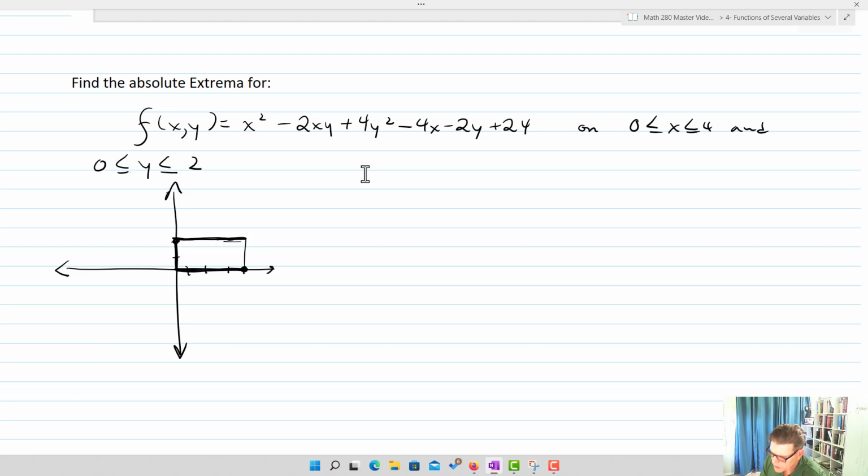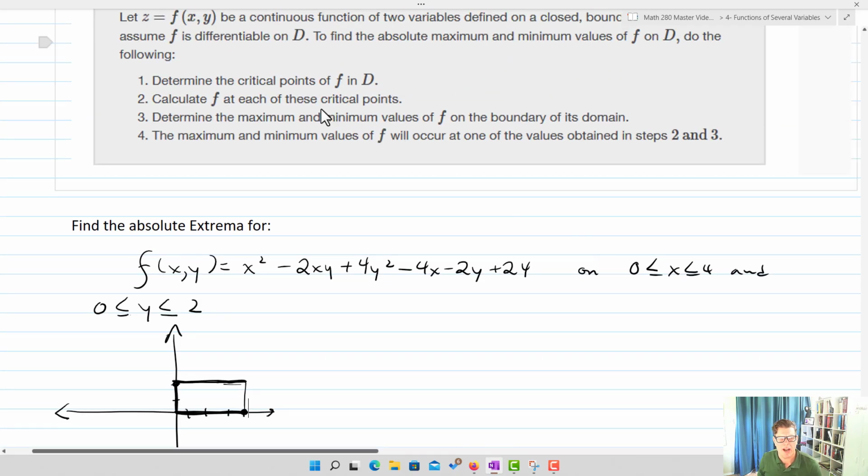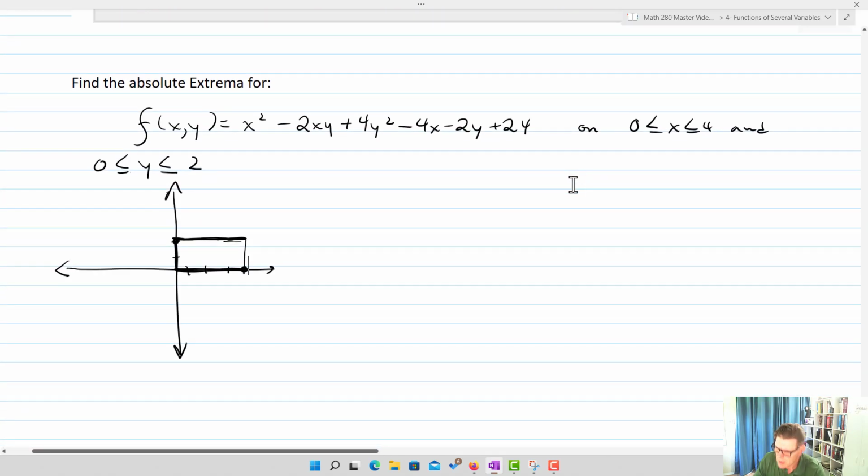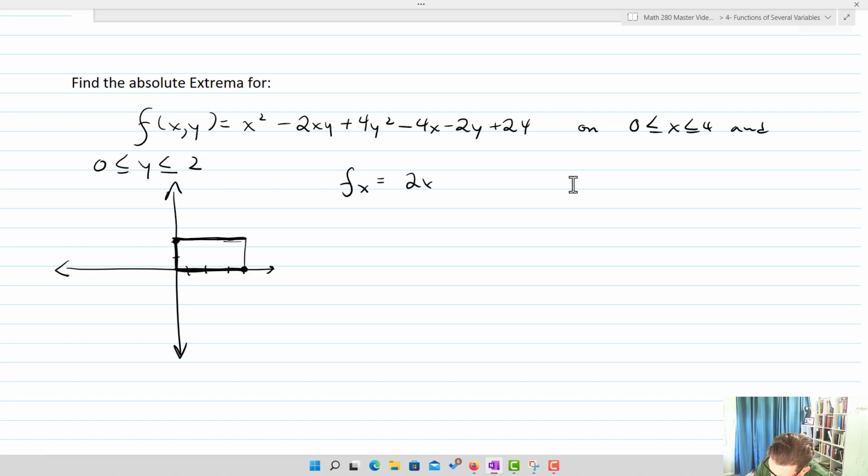So first, I'm going to look at my problem-solving strategy. I'm going to determine the critical points of f in the domain. So fx is going to equal 2x minus 2y minus 4, and fy is going to equal negative 2x plus 8y minus 2.